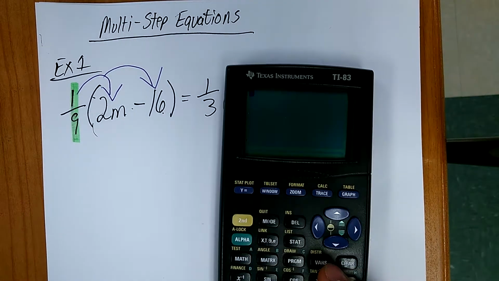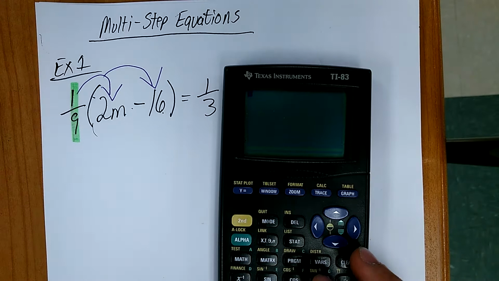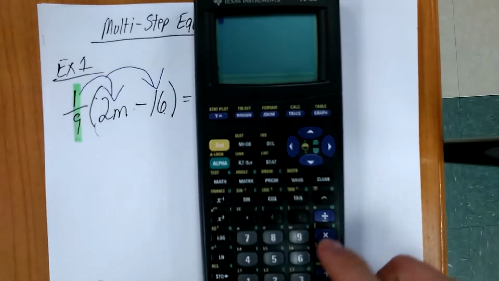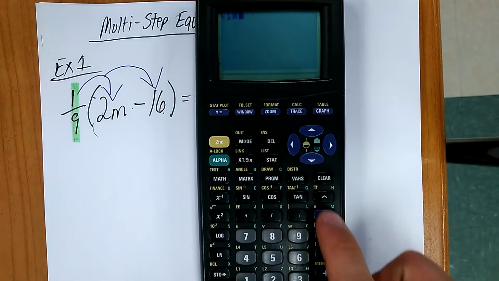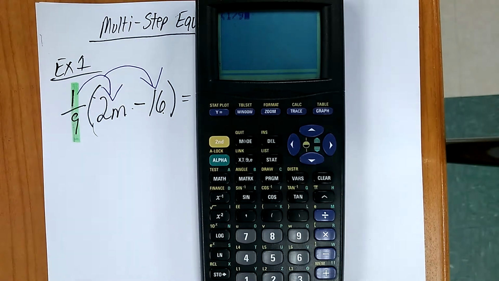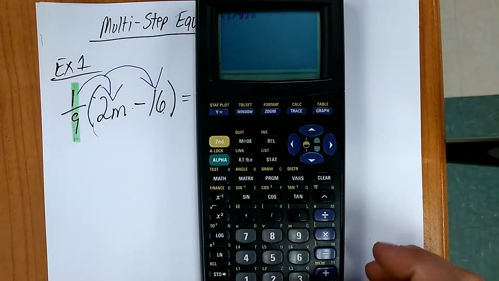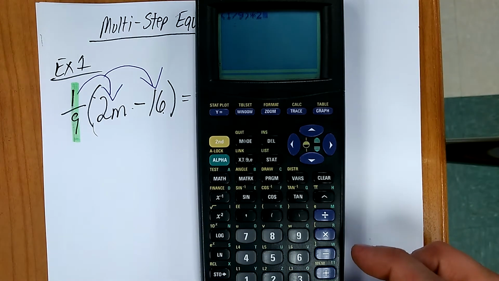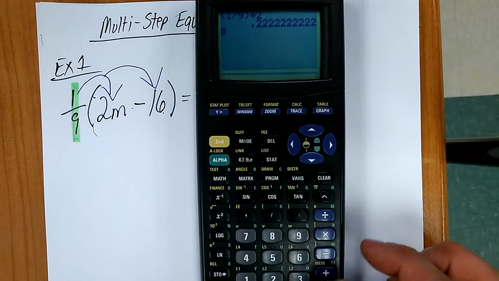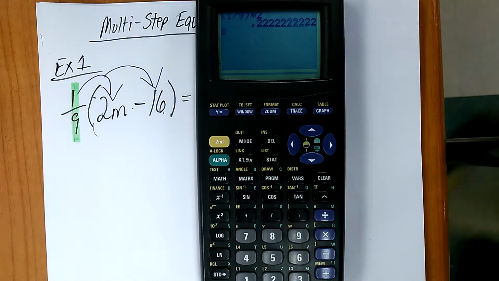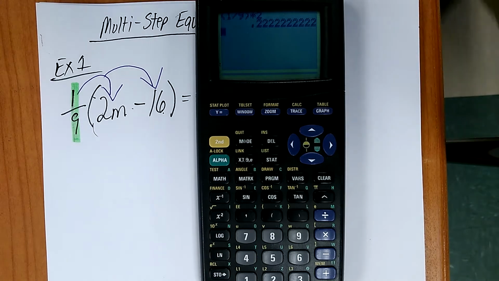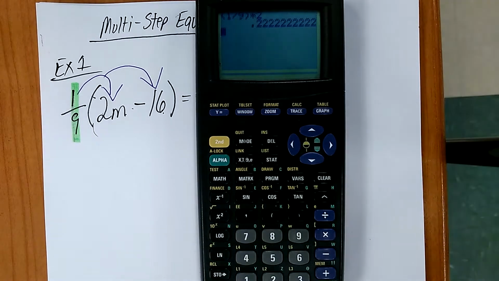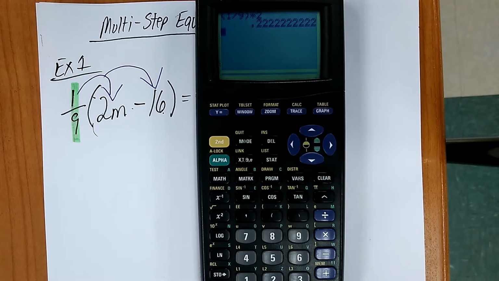So when you go to your calculator, you will type in, open up a fraction, 1 divided by 9, close the parenthesis, times 2. As you can see, you get a repeating decimal, which we do not like.